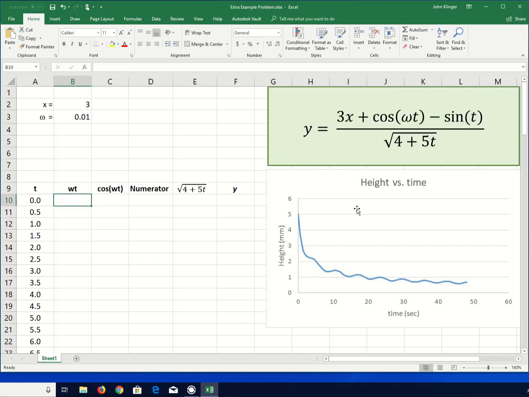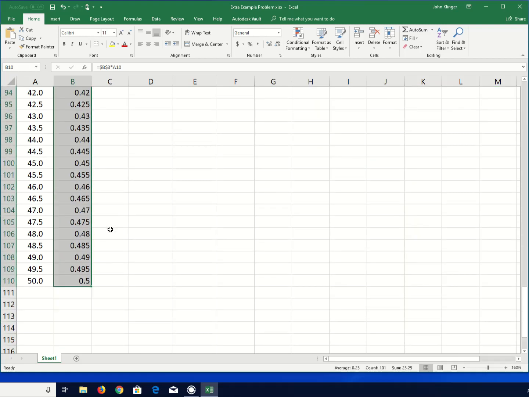So here we have equals omega, which is this, and I'm going to make it absolute, times my time, and we know that that should be 0. And if I go down, I can double click that handle. If you didn't see that, I move my cursor over it, double click it, and it will go all the way down for me.